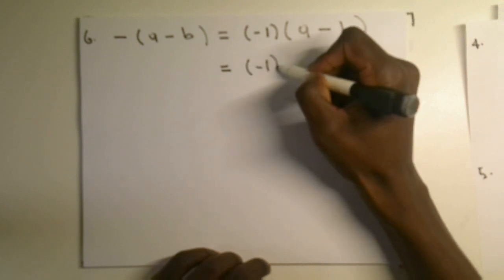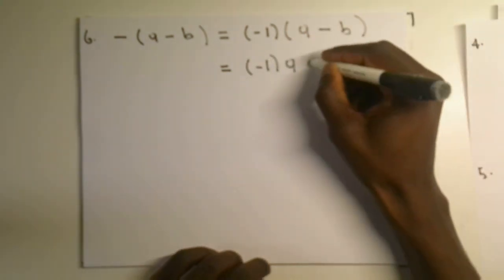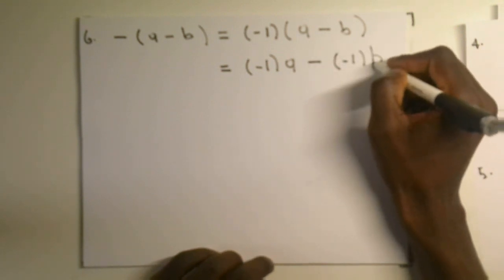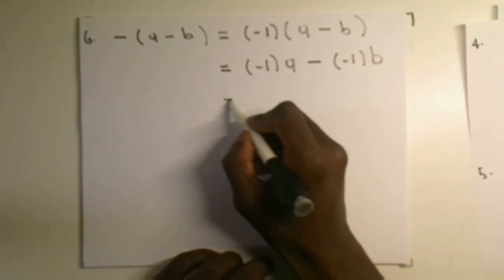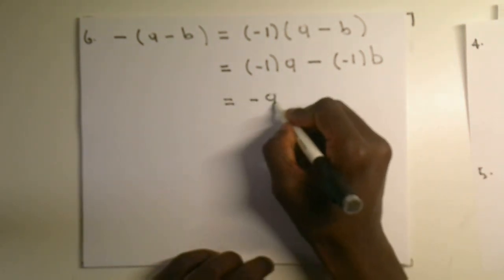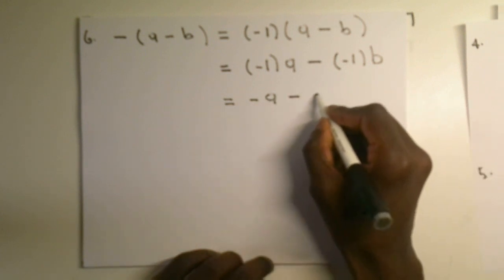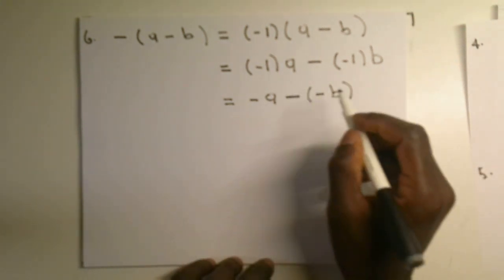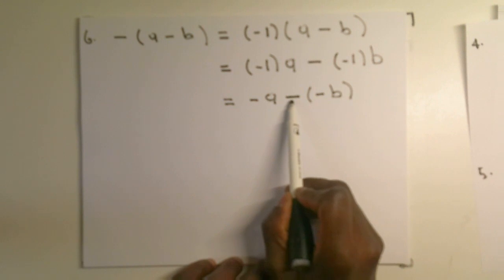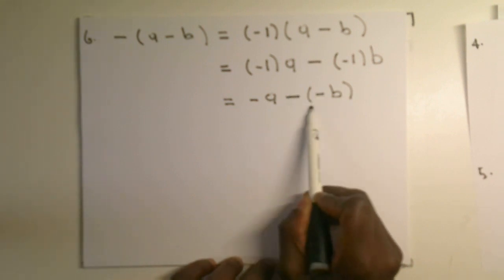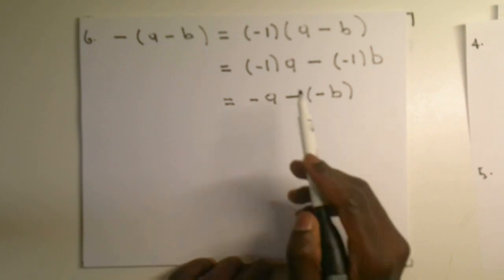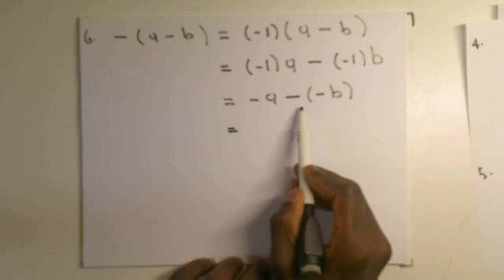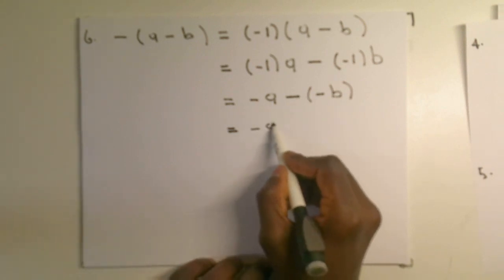So we'll say negative 1 times A, and then we'll say minus negative 1 times B. And then this further gives me this, and then this further gives me this. Right? I always like to put my parentheses around this. And then we looked at a previous property where this changes the sign back into addition, right? So we see how number 6 and number 5 are subtly connected here, where now I can change back into addition.